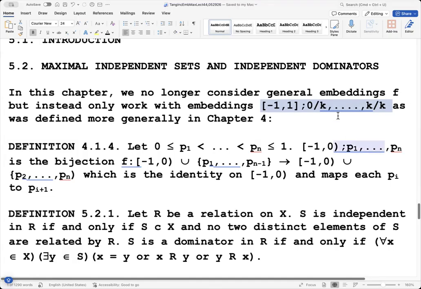In other words, it just goes from here to here, here to here, up one by one, undefined at K over K. And the usual thing, these are the parameters, right? You see here, like this. This is what we always have been doing.